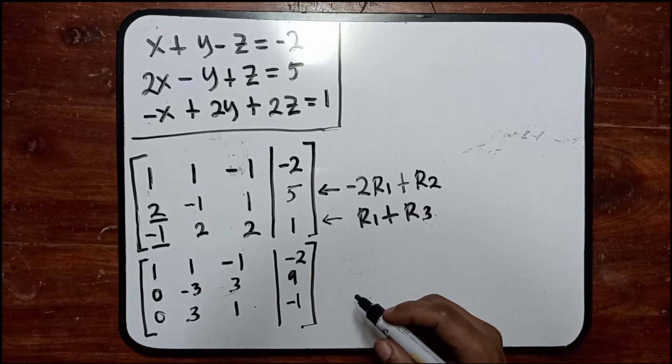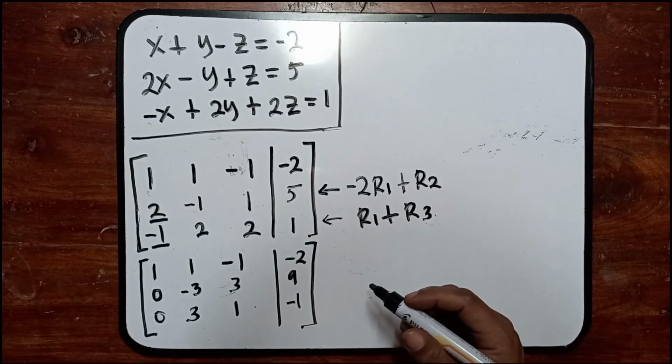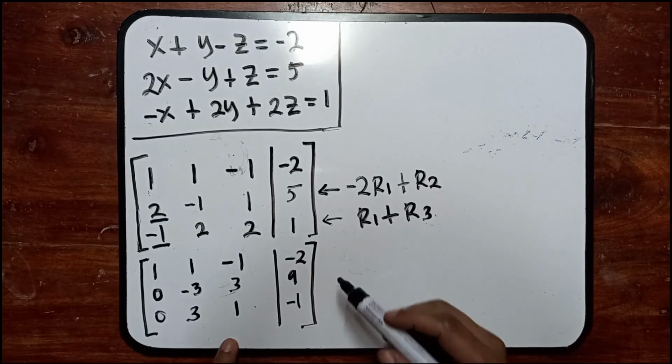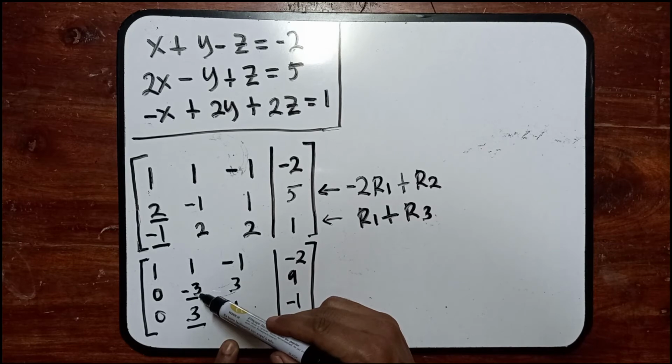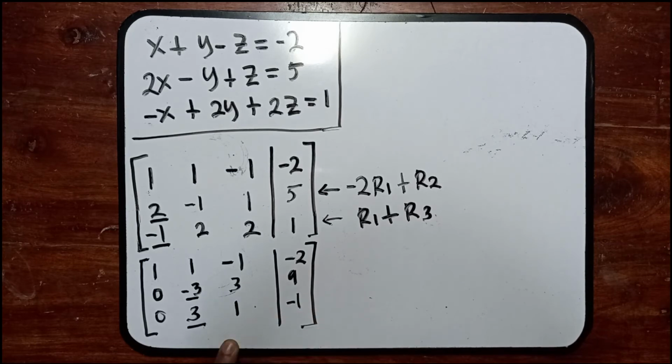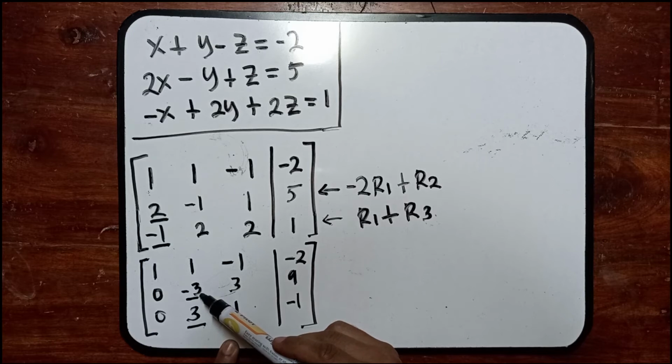So now let's work on these numbers. So we have to turn this to 1 and to turn this to 0. So again, we have to think of a number that when you multiply it or add it to this number, it will turn this to 1.